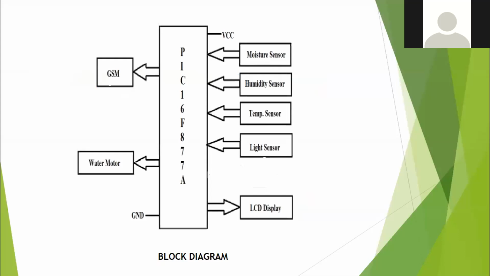If a sensor goes beyond that limit, it means plants are affected by some disease. PIC sends a message with the help of the GSM to the user's mobile. The message gives information about what type of disease has attacked the plants, and also gives a medicine for that disease. Next slide.